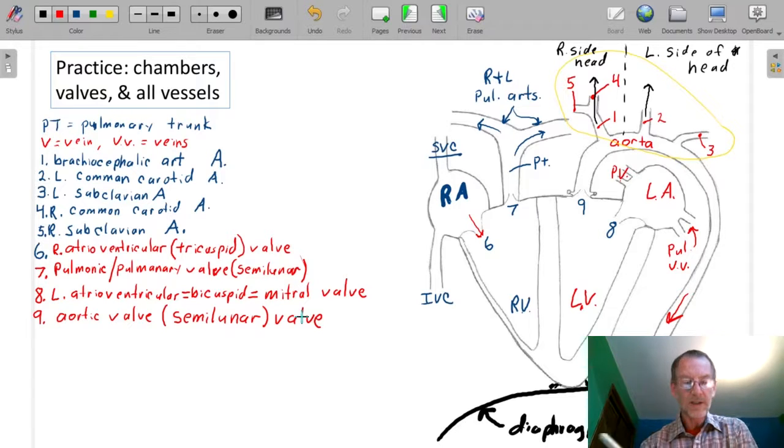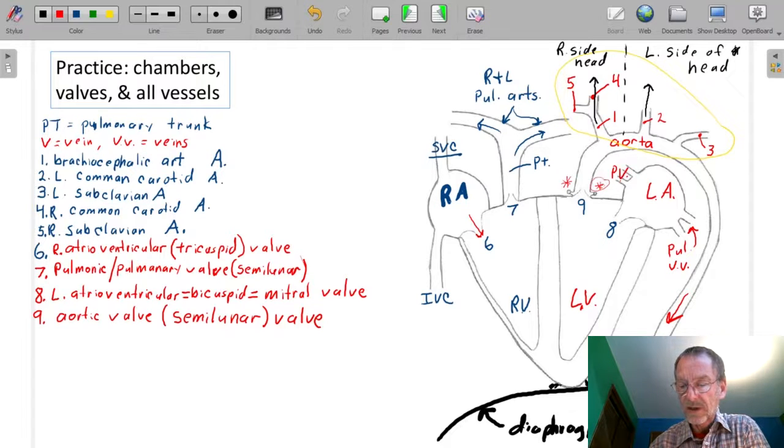And then one other thing that I put in this drawing is over here, check this out. I'm just going to put an asterisk by these two little nubs that are coming off of the ascending aorta.